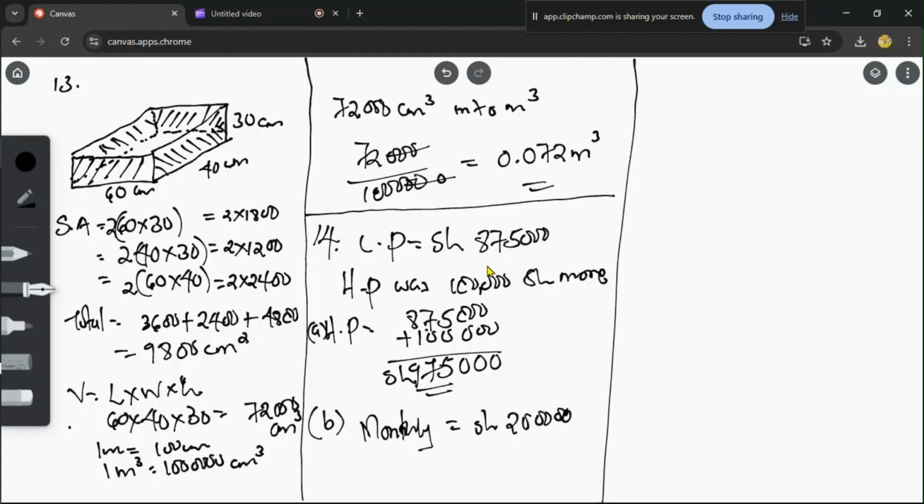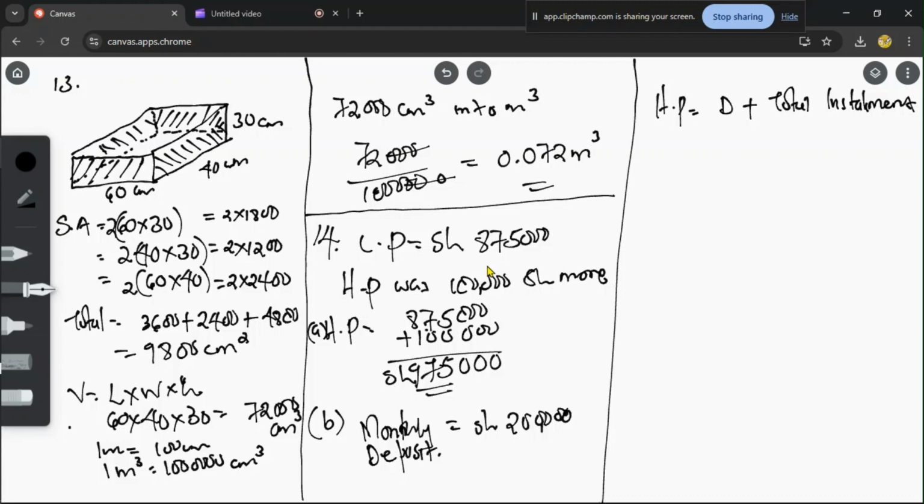Now, although we want to get the deposit, we don't know for how long, because the hire purchase price is equal to the deposit plus total installments. So we don't know how long he paid this 200,000. If I know the total installments, because you're told that monthly he paid 200,000, I need to know how long he was able to pay.